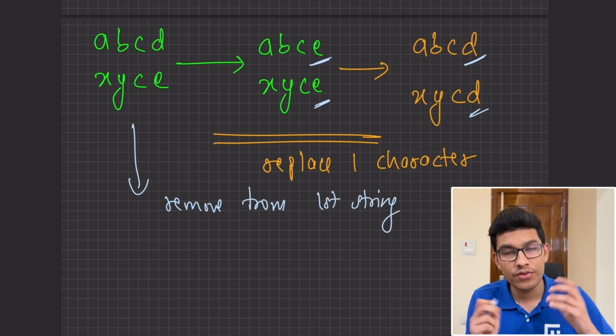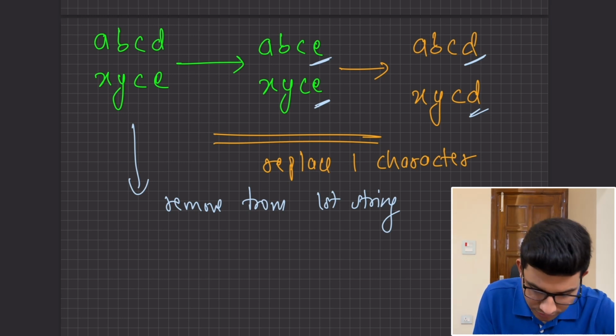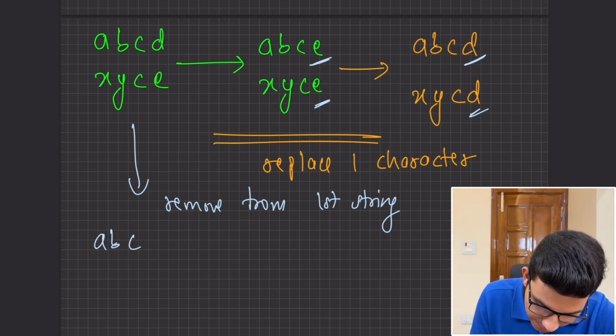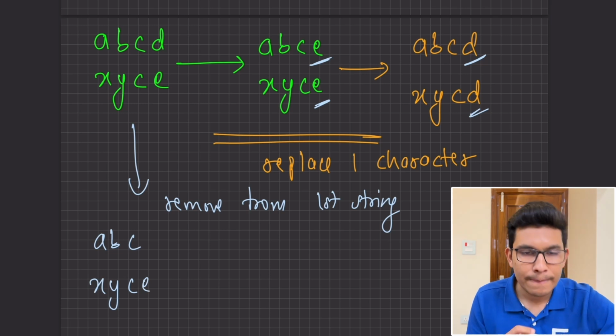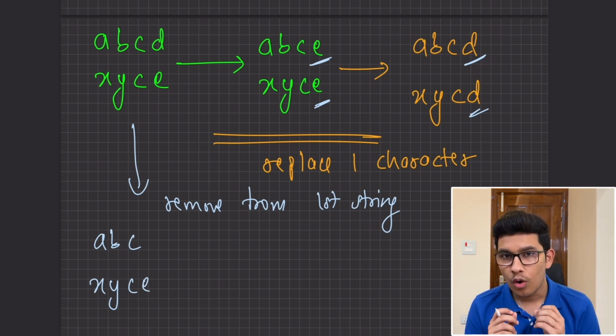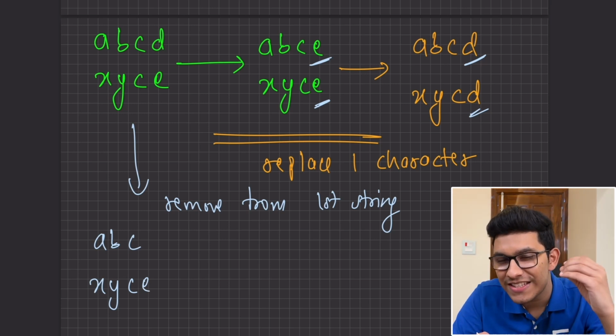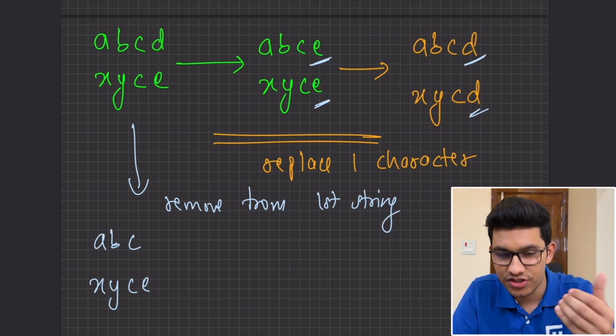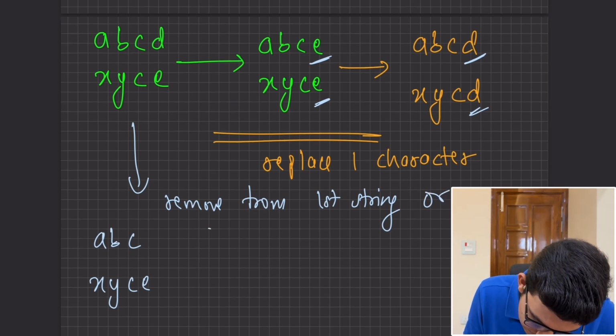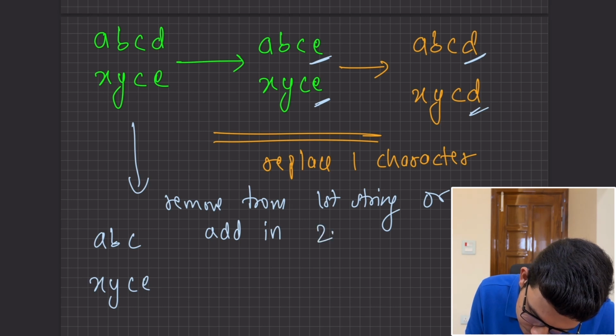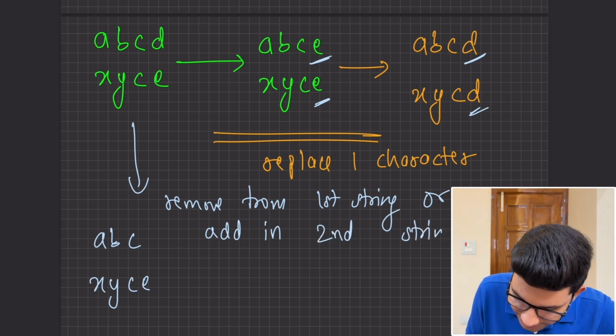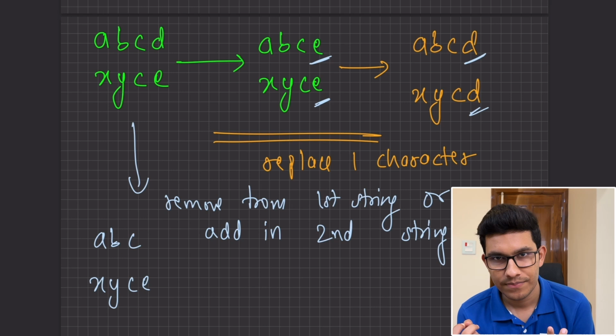Yes, you could also remove from first string. In this case, what will happen? You will be left with A, B, C and X, Y, C, E. Correct? Or what you could have done is that instead of replacing from the first string, you could have added in the second string. Or add in second string. And I will tell you that both of these operations are same. Why are they same?